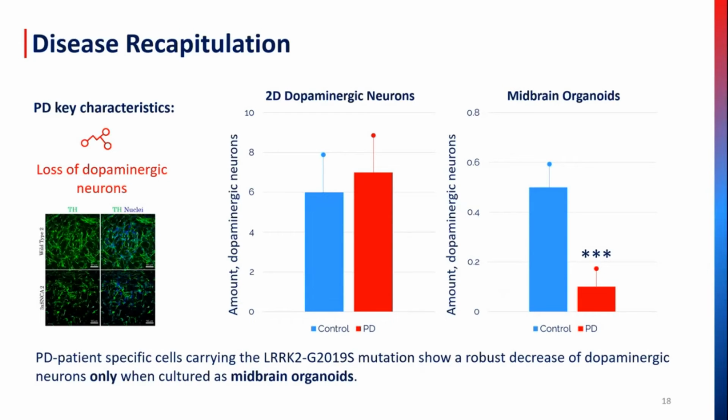And in the graphs, you can see that we are only able to see the loss of these neurons when we create these patient-specific organoids, compared to when we just derive neurons from the stem cells in a two-dimensional manner in a normal cell culture dish. Meaning that the organoids, as more complex tissue structures, help us to recapitulate the disease phenotypes better.